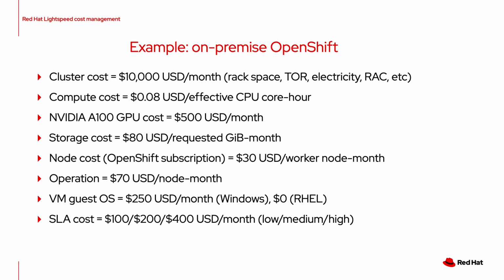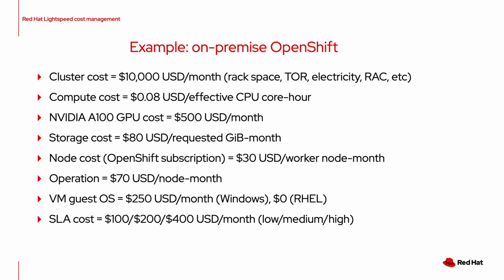I have decided I'm going to charge based on the effective CPU, which is the greater of the usage and the request. And then I have A100 GPUs, which I have calculated from the actual price that they sell for these days, and calculating a 3-year amortization, I'm going to say that it's around $500 per month. Then storage cost, I'm going to charge based on the requested capacity, not on the used capacity, but the requested one.